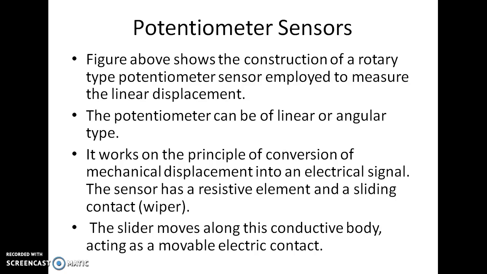If it is measuring angular displacement, then that is known as angular type. It works on the principle of conversion of mechanical displacement into an electrical signal. The sensor has a resistive element and a sliding contact, also known as a wiper. The slider moves along this conductive body, acting as a movable electric contact.